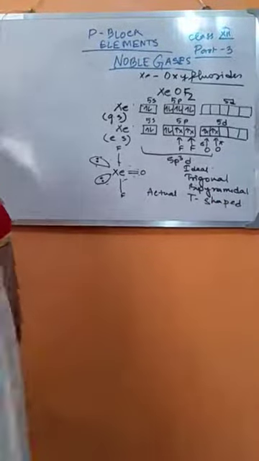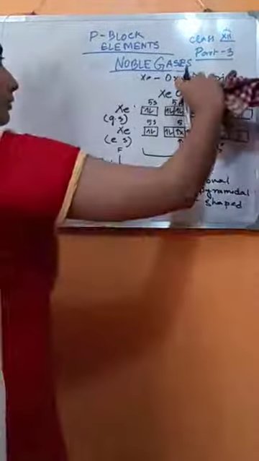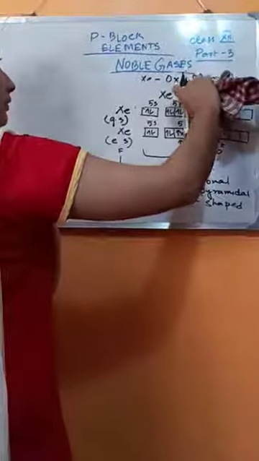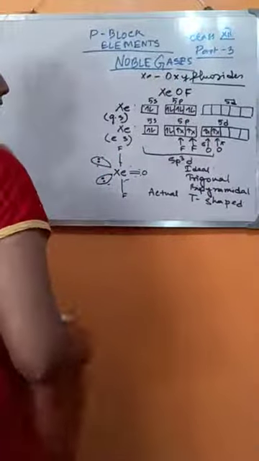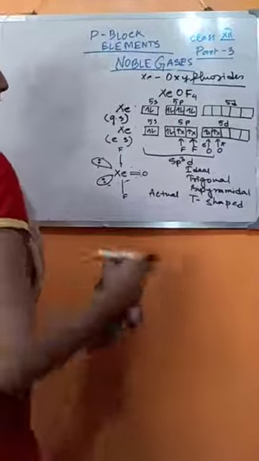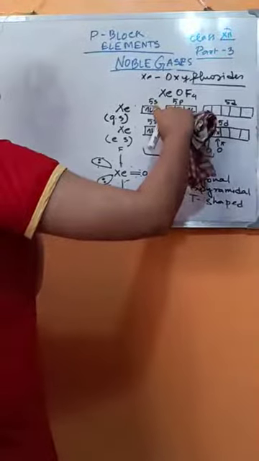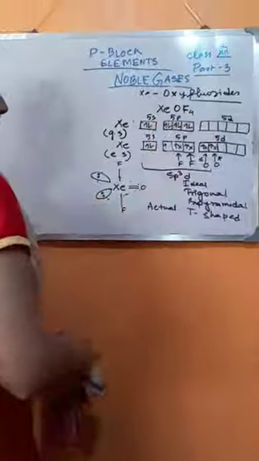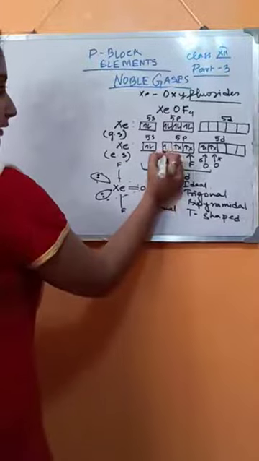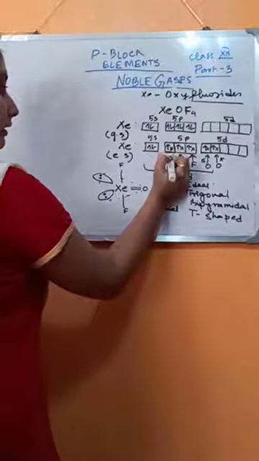Next I will come to the formation of XeOF4. In this case, two other fluorine atoms are there.